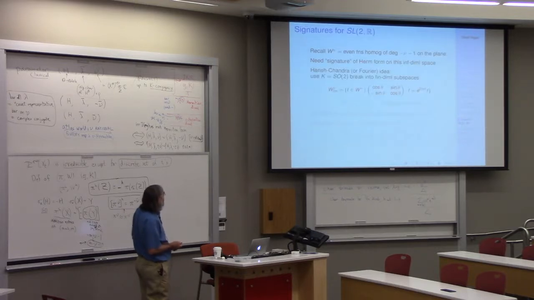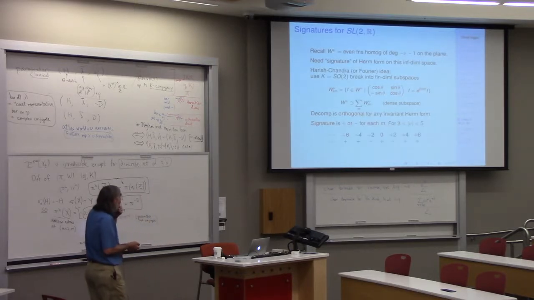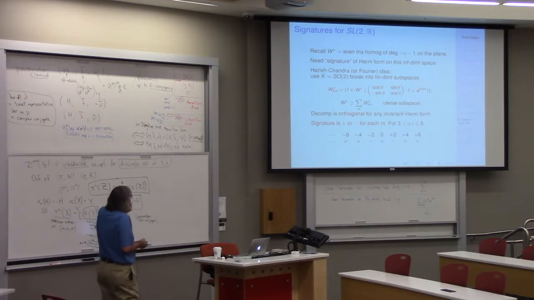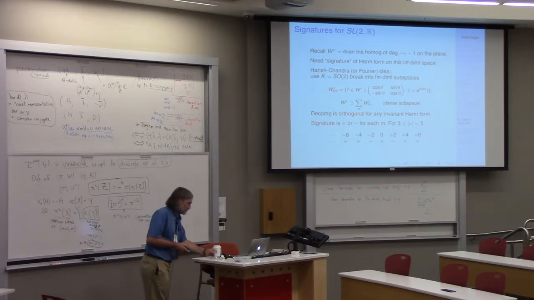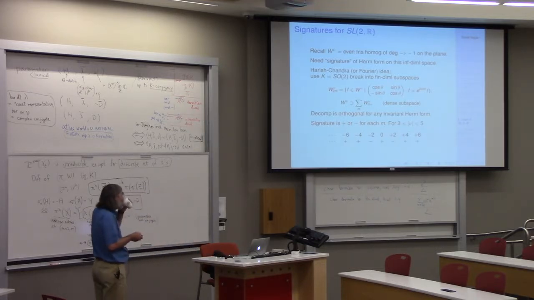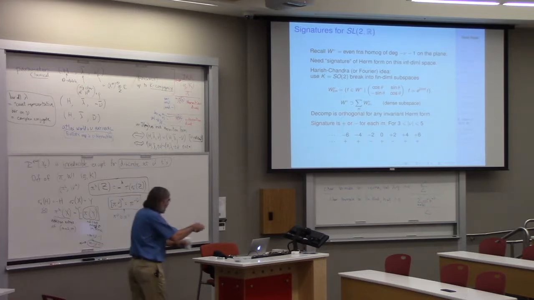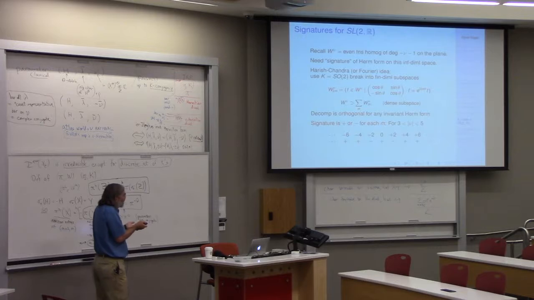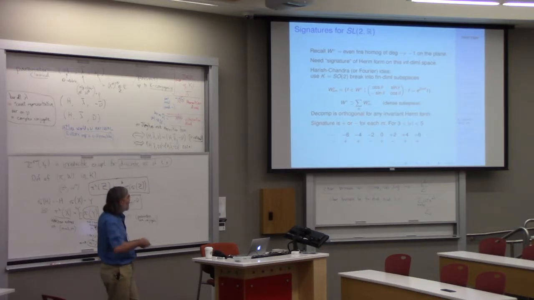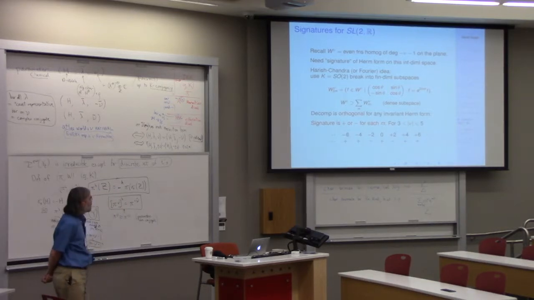Anyway, you always get this string of plus or minus signs. So for example, here's what the string looks like for nu between 3 and 5. So you could read this off from the formulas in the proposition on the previous page.